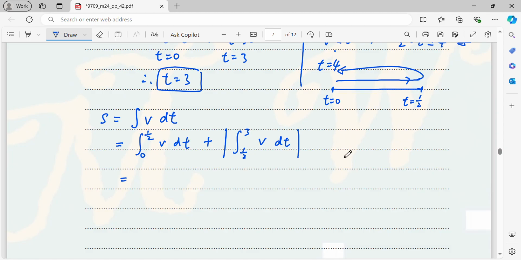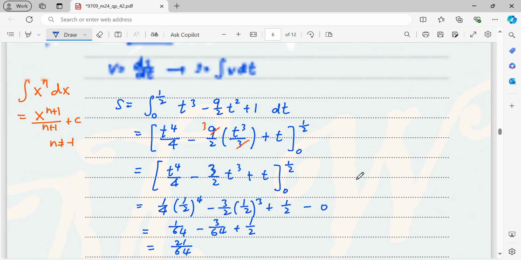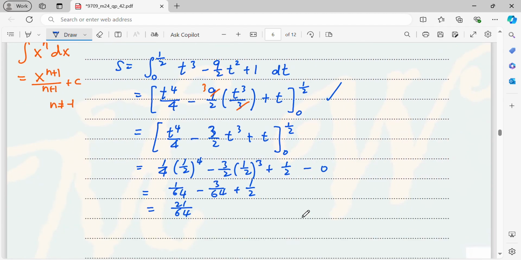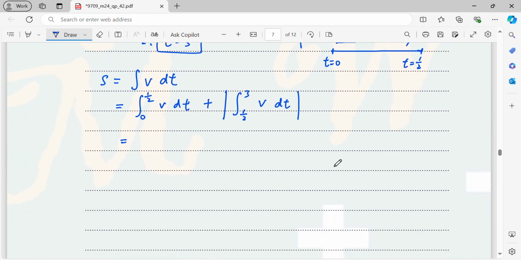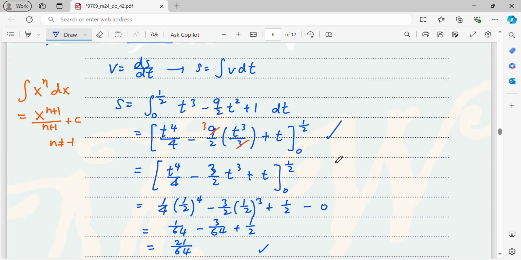So from the first part, from 0 to half, already counted as 21 over 64. So I will just copy the answer from the previous part and then recalculate the integration. So the integration, you just copy this result. Copy these three terms and then change the limits.